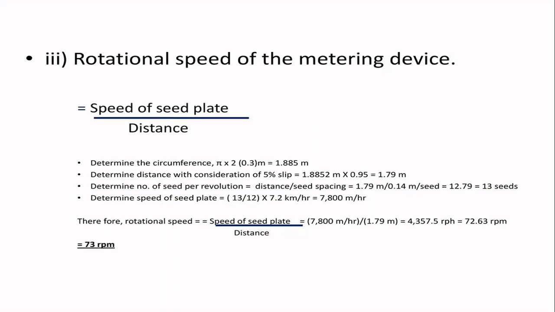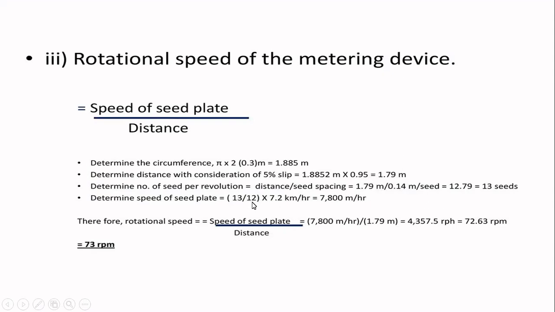This is not given in the question, so 13 seeds want to fall down, but the seed plate has 12 holes. By the calculation 13 seeds must fall down, but there are only 12 seed holes in one plate.